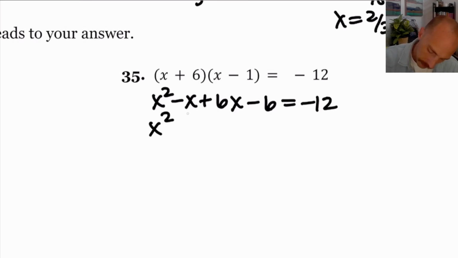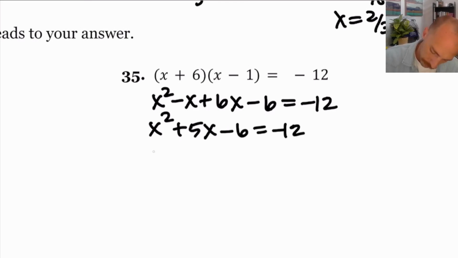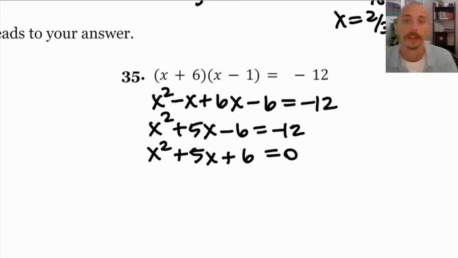Combine the negative x with the 6x, and have positive 5x, and minus 6 equals negative 12. Add the 12 to both sides. I see where this is going. So 5x plus 6. Negative 6, positive 12 leaves positive 6, and that's going to equal 0.